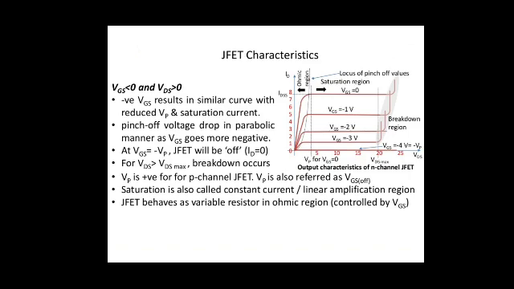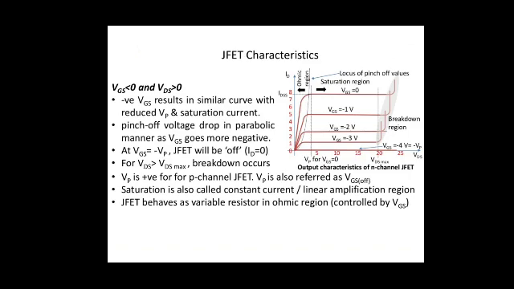Voltage variable resistor means based upon voltage the resistance will change. If you are applying less voltage, you get less current, which means more resistance. More voltage, more current means less resistance. So the resistance of the FET changes based upon voltage.